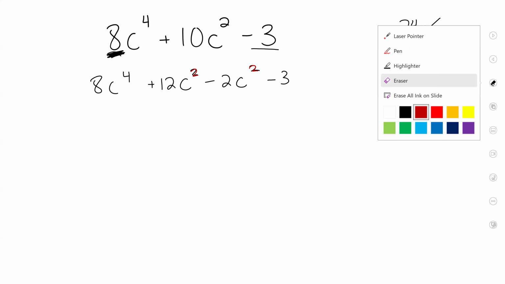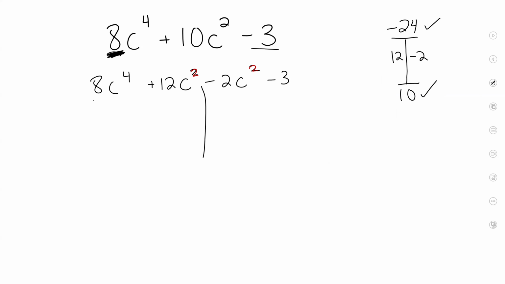All right, so now we're going to split it down the middle. What is the GCF on this side? Good, 4c squared. So 4c squared goes on the outside. What's left over is 8 divided by 4 is 2. I'm left with c squared. Those c squareds cancel, and I'm left with the 3.